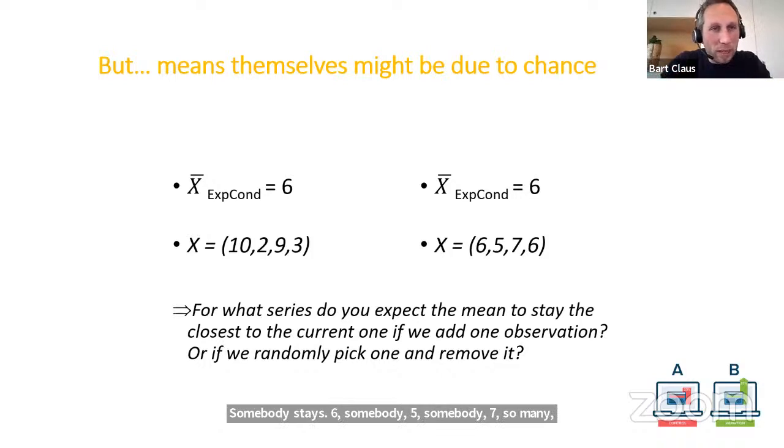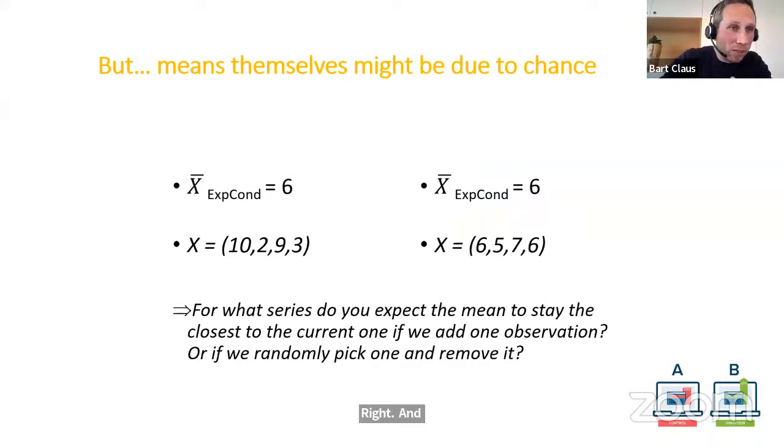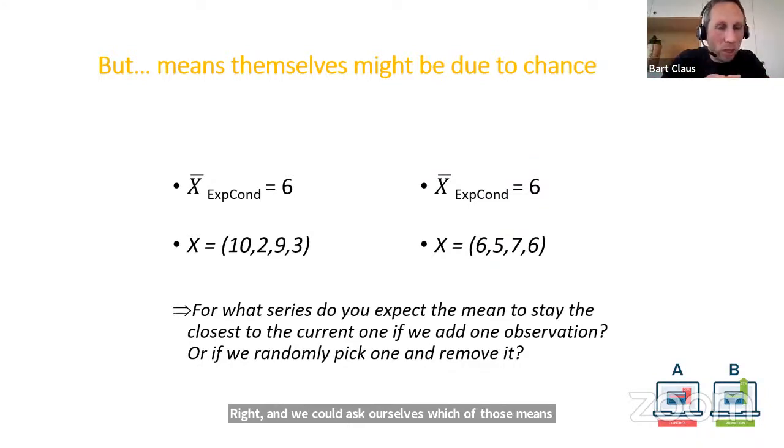Those means have some error themselves, right? And we could ask ourselves which of those means would stay more closely to the original mean if we're going to add additional observations, for example, or if we're going to take away some observations, right?